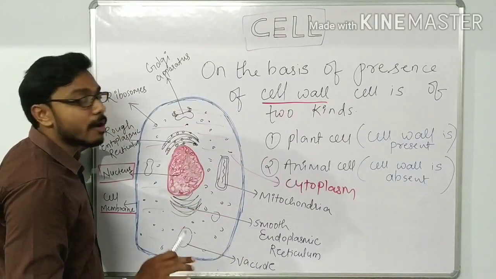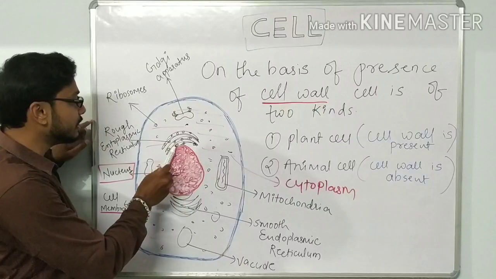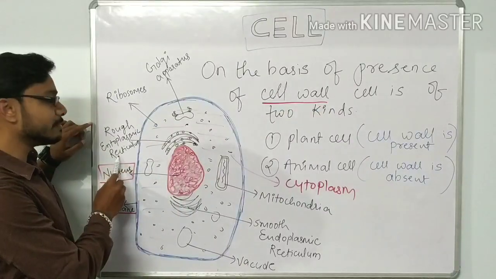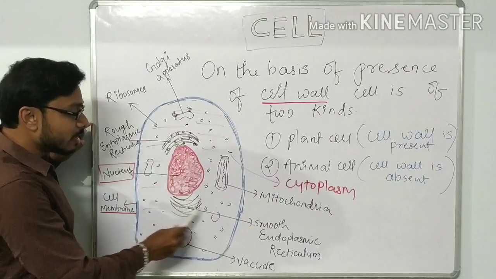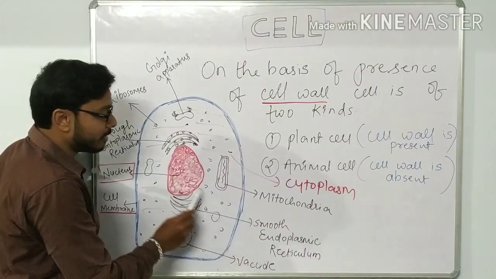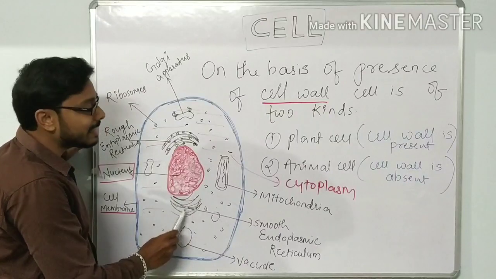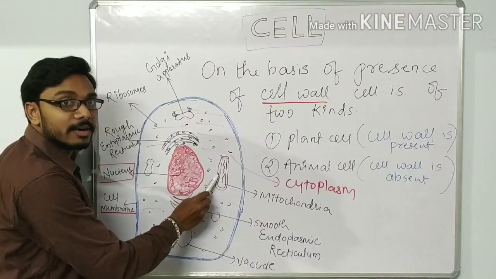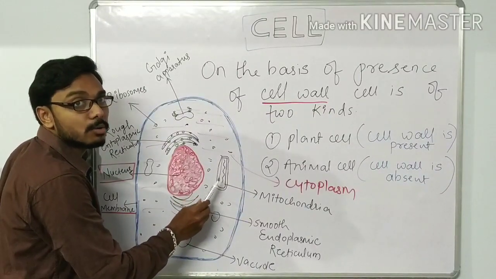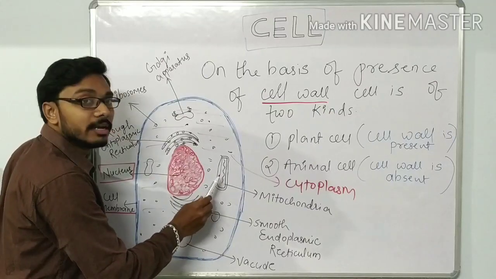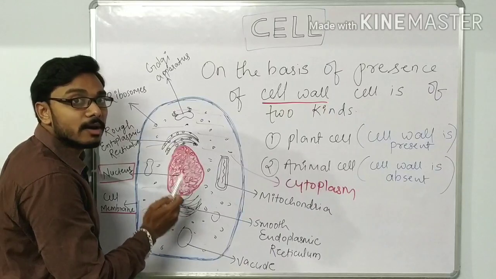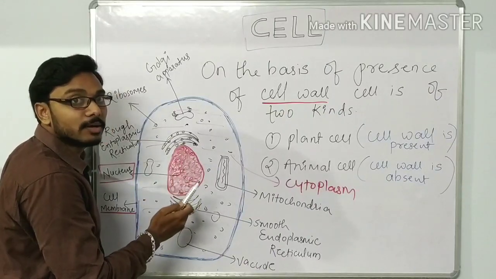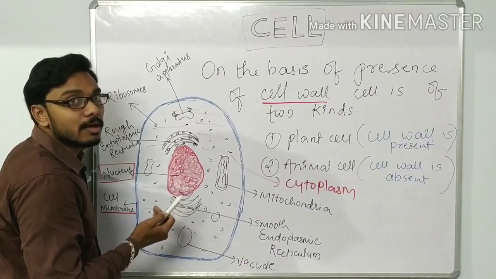Those cell organelles are, firstly, the rough endoplasmic reticulum, which is attached with the nucleus. Second is the smooth endoplasmic reticulum, also attached with the nucleus. Then there is the mitochondria. You might have heard mitochondria is the powerhouse of the cell, which gives power to the whole cell, and because of that power the cell completes its function, and we the organisms do the work.